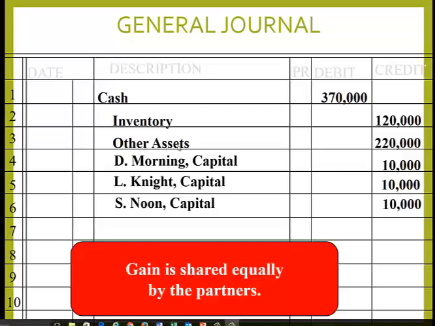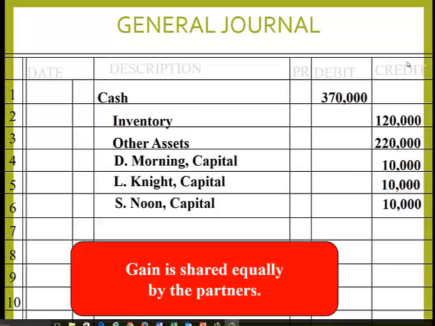Other assets had a balance of $220,000, so we're going to credit other assets for $220,000 to zero out that account. Now if you look, we have a gain on this transaction.